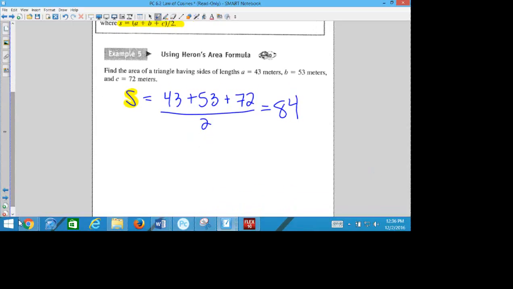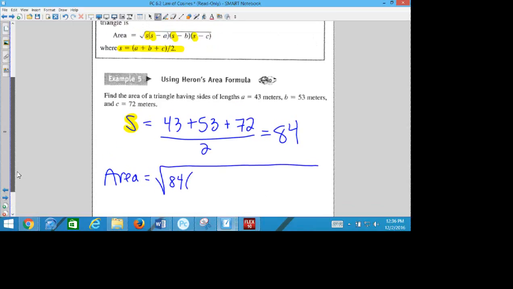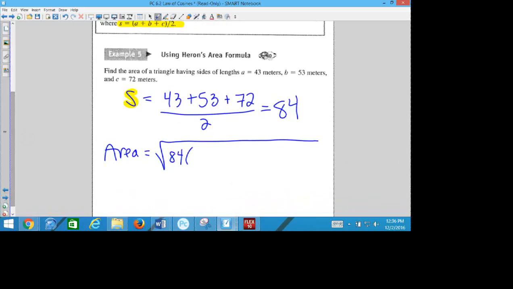Then we do the square root of the S value, and you multiply that by S minus A, so 84 minus 43, multiplied by 84 minus 53, multiplied by 84 minus 72.